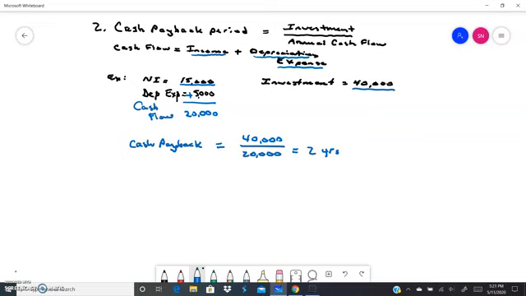I think sometimes cash payback is something that we probably use in our personal lives without even realizing it. Let's say in this case, you were going to refinance your house. Just taking this example, for instance, let's say that you're going to spend $40,000 in fees, but you're going to save $20,000 a year in interest payments.